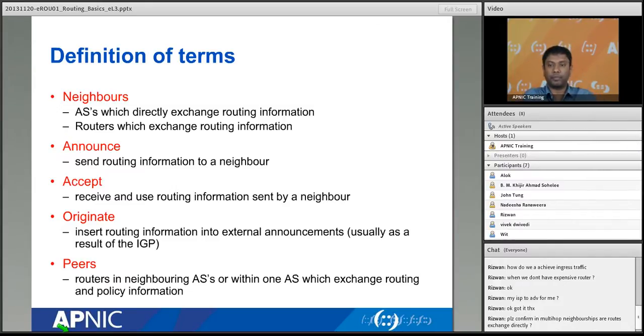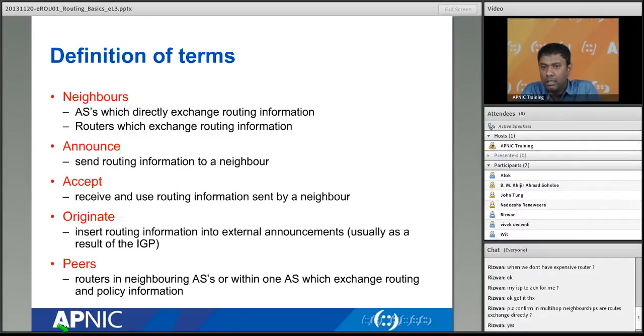Originate. Oh, there is a question. Please confirm, in multi-hop neighboring are routes exchanged directly? Well, when we do eBGP multi-hop, that's what you mean? Yeah, definitely.